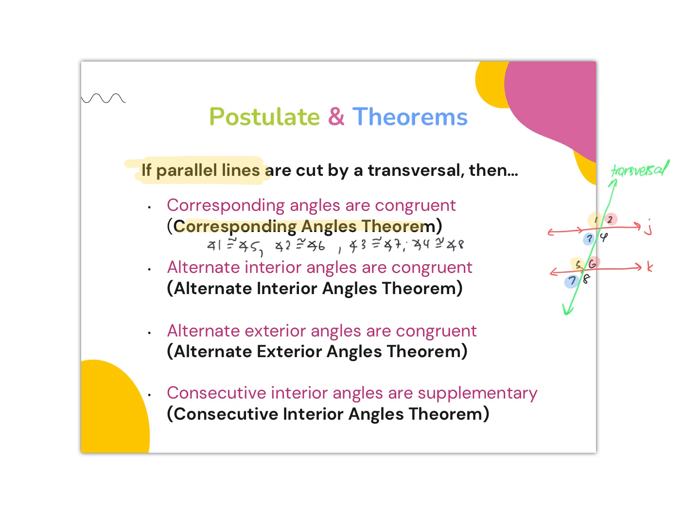The next one we're going to go to is the alternate interior angles theorem. And what this tells you, again, is that if parallel lines are cut by a transversal, then the alternate interior angles are congruent as well. So again, let's find our alternate interior angles.